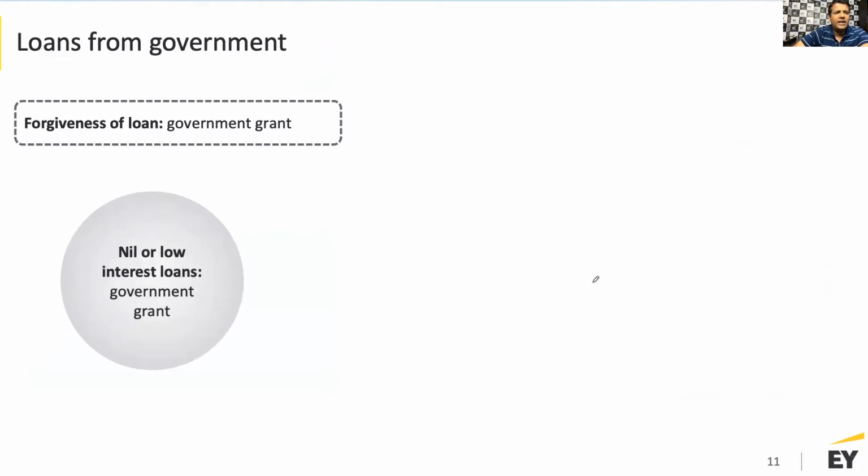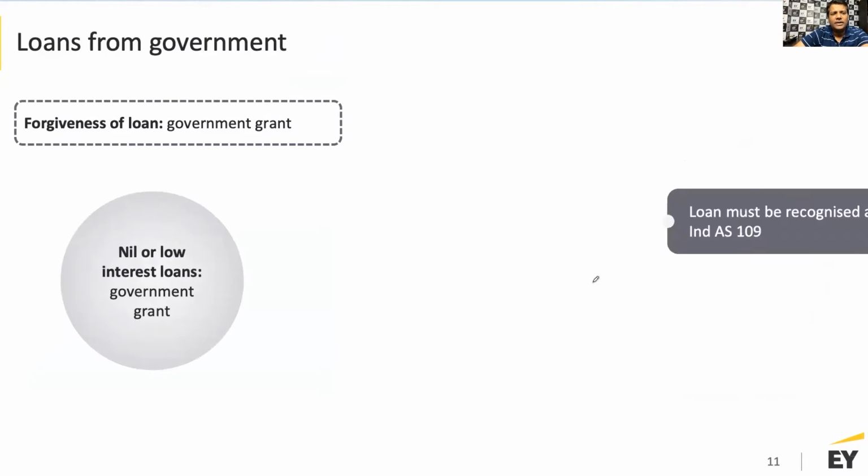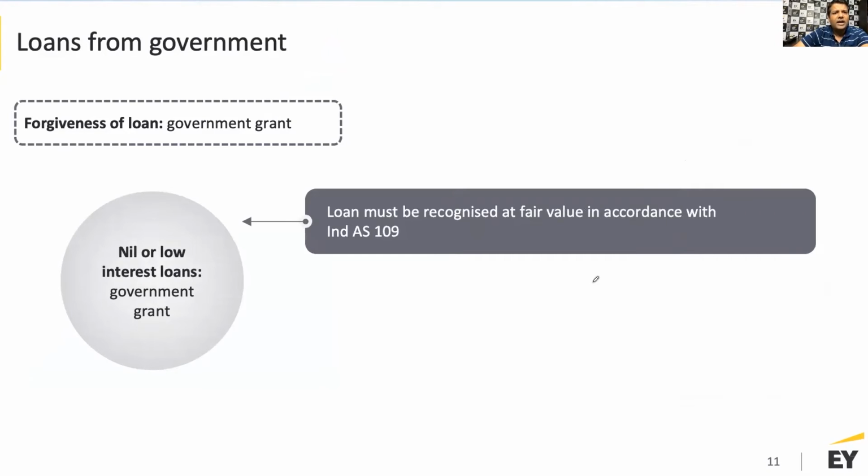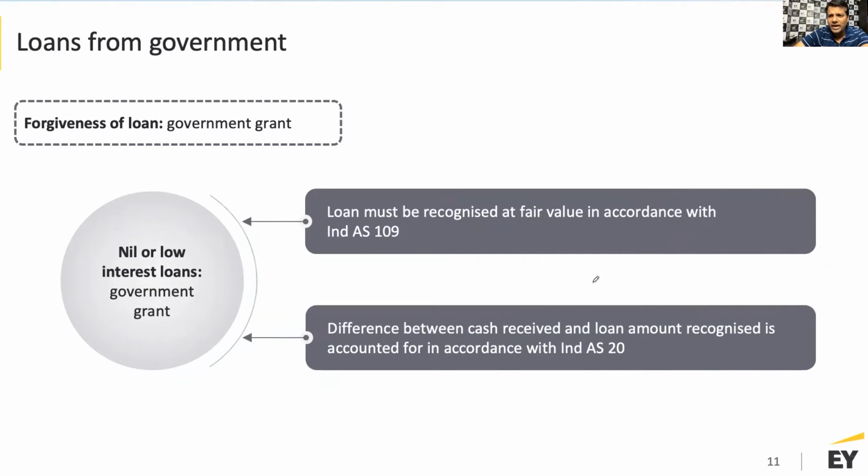So if nil or low interest loans are a form of government grant, the loan must be recognized at fair value in accordance with Ind AS 109, and Ind AS 109, as you know, suggests that the initial recognition of all types of financial instrument is at fair value, always at fair value. There is no exception to that rule, right? All financial instrument initial recognition is at fair value. So the loan must be recognized at fair value in accordance with Ind AS 109.